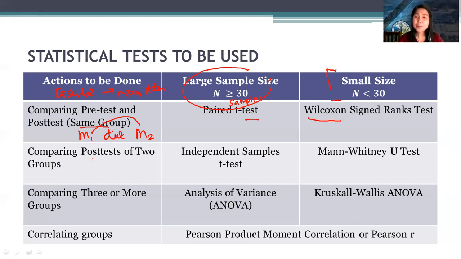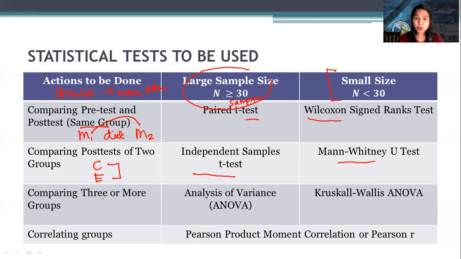Next, if we compare posttests of two groups, like one mung bean group listens to classical music, one mung bean group listens to rock music, and I'll compare the two in terms of height, then we use independent samples t-test for large samples. For small, we use Mann-Whitney U-test.